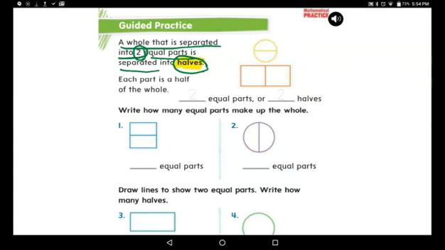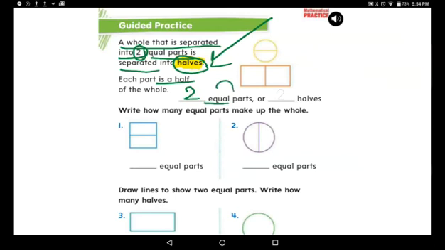Okay? So now, two equal parts means two halves. Halves. So our word today is halves. Each part is a half. One half of the whole. So one part is a half. While if I want to talk about the two equal parts, we can say two halves.